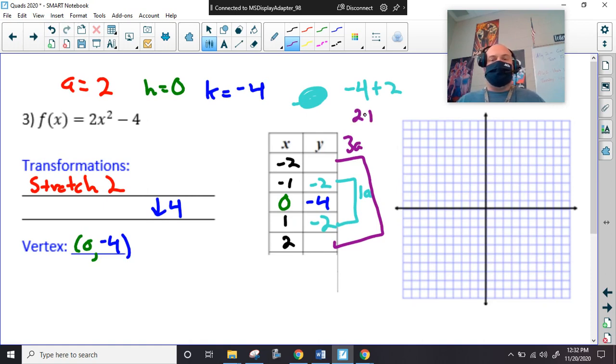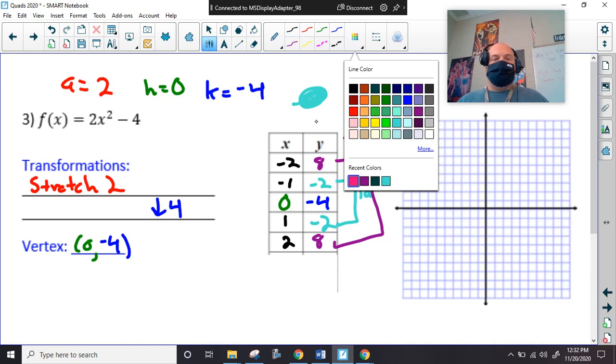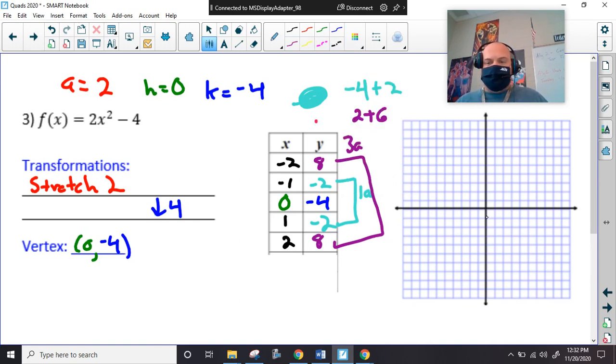So now we have 2 plus 6, which is 8. Now we have all the stuff that we need. So 1, 2, 3, 4, over 1 up 2. No, wait, that's not 8. Why'd y'all let me write 8? You trusted me. Okay, I'll let that suffice.